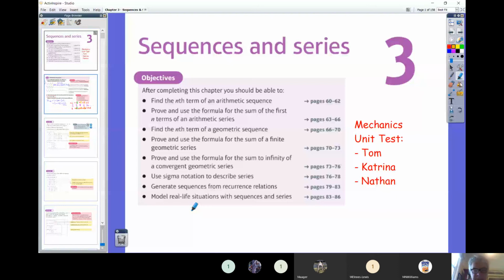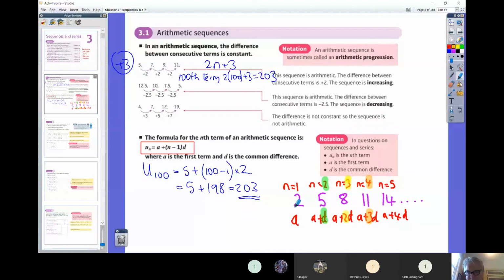So all we're saying here is that any term is the first term plus n-1 lots of the common difference. Let me just explain that to you with an example. So here we've got an arithmetic sequence in purple, 2, 5, 8, 11, 14. Clearly our first term a is 2, and our common difference d is 3.